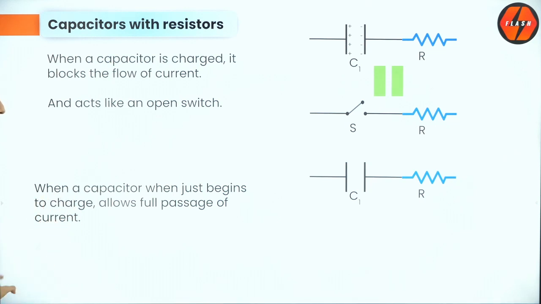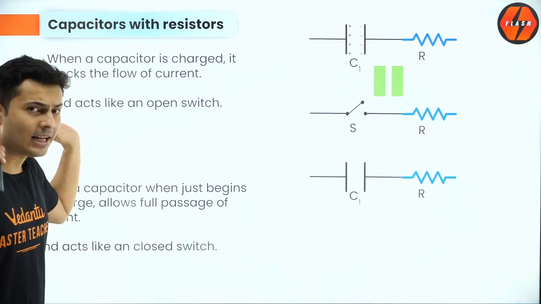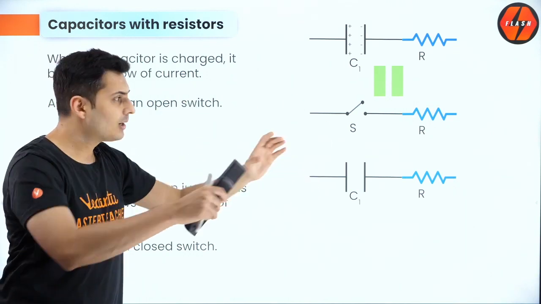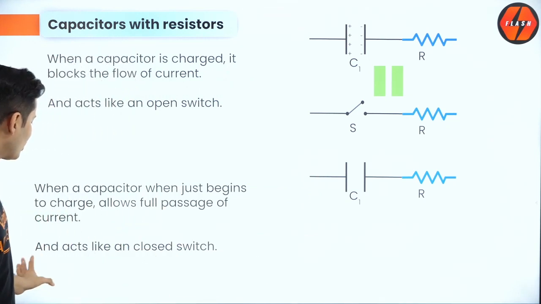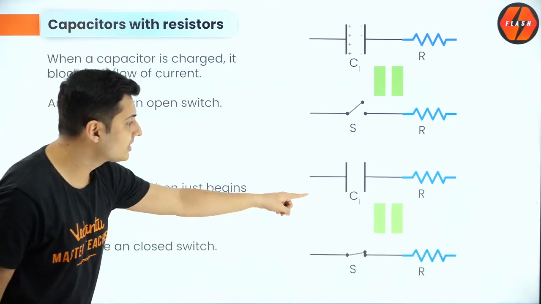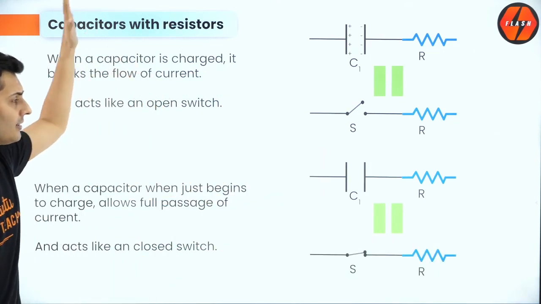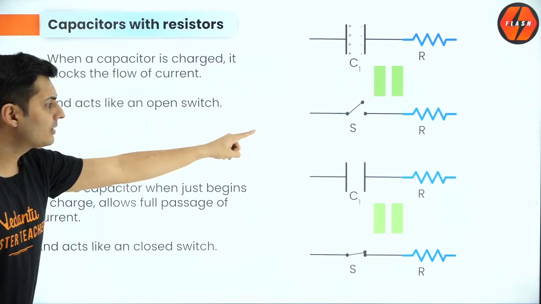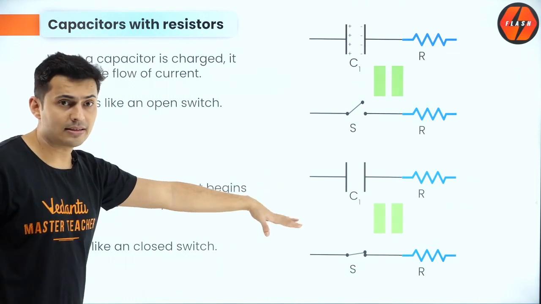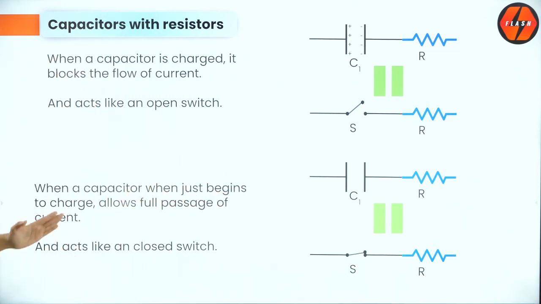It behaves like a simple wire because it allows full passage of current and it has not yet been charged. It does not oppose anything. So it just acts like a closed switch. Very, very important slide. A fully charged capacitor is an open switch. An uncharged capacitor is like a closed switch. Very, very important. So write this down.